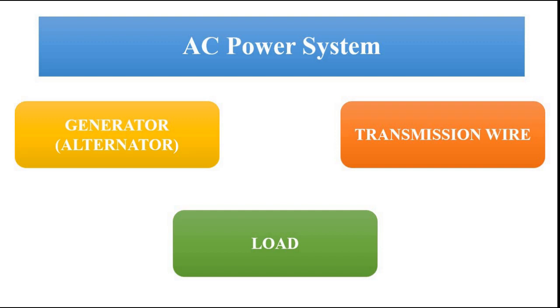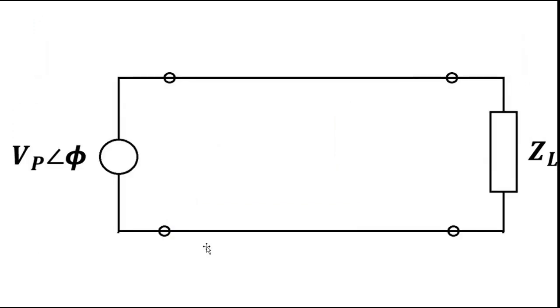The one responsible for sending the power from one point to the other, which is the transmission system or transmission wires, and the one responsible for capturing the power at the point where it is sent, which deals with the collection of the power, that is the load. So it can be represented in this way.